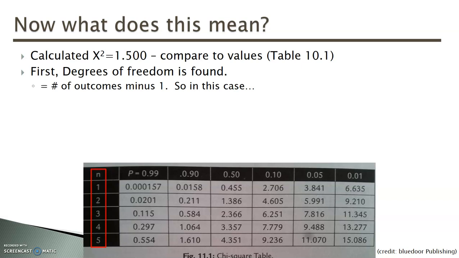For this experiment, this example that I just did for you, blue versus white marbles, we had 2 outcomes. It was either white or blue. We subtract 1, which means 2 minus 1 gives us an n of 1. So we are only going to be looking at the n1 row. We're going to look at the top row for this example.